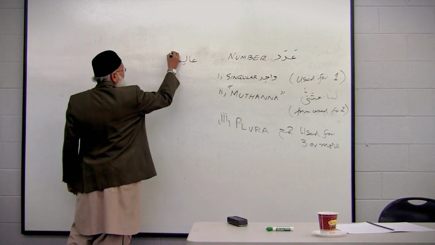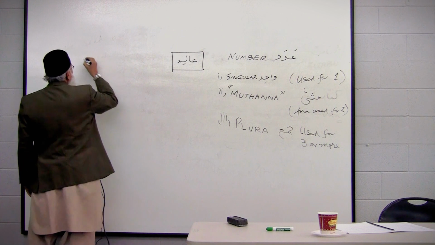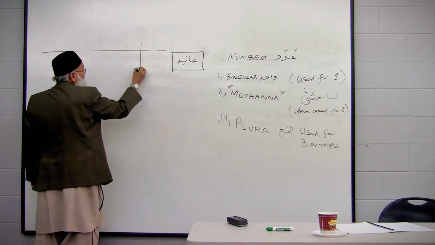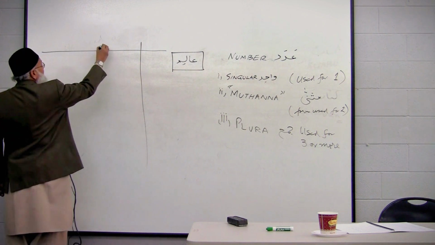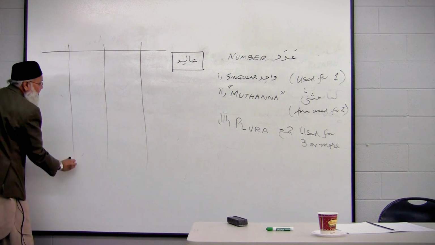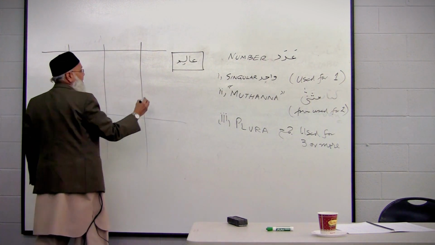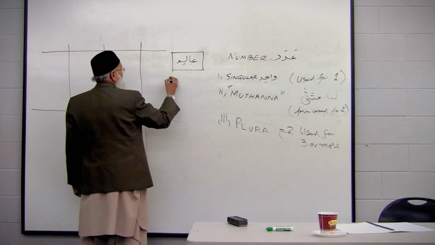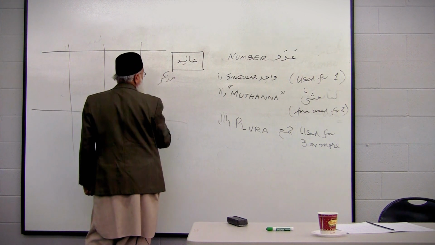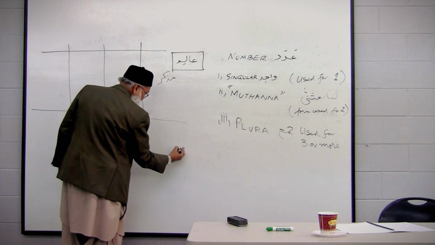Now, alim is the basic word. Then you make a chart like this. Mudhakkar, and then muannas.